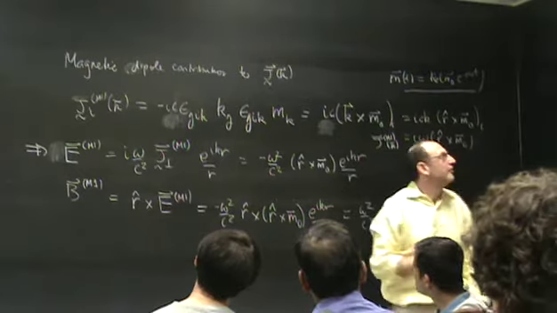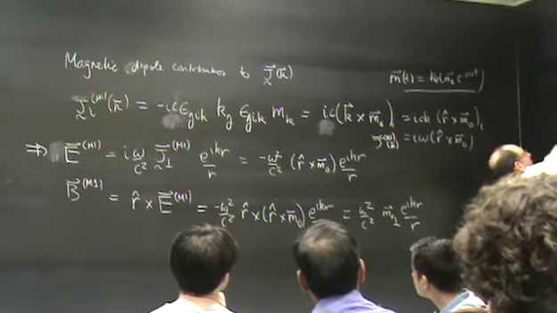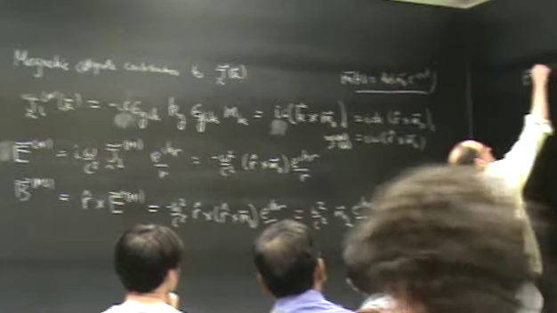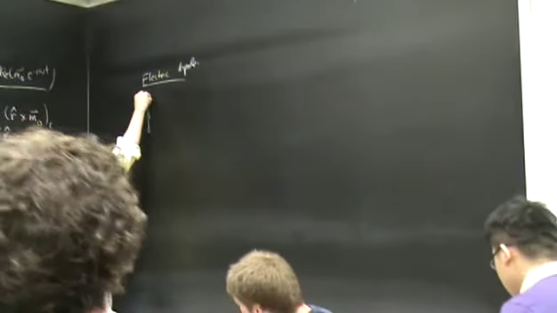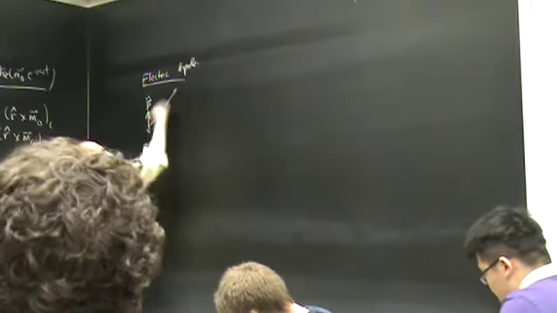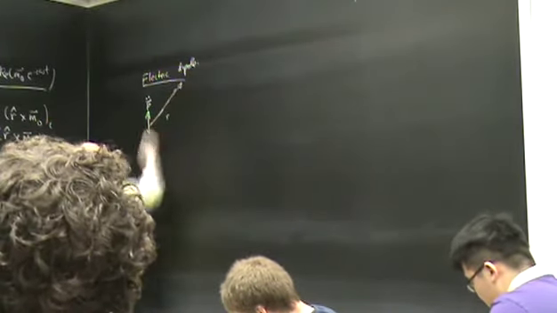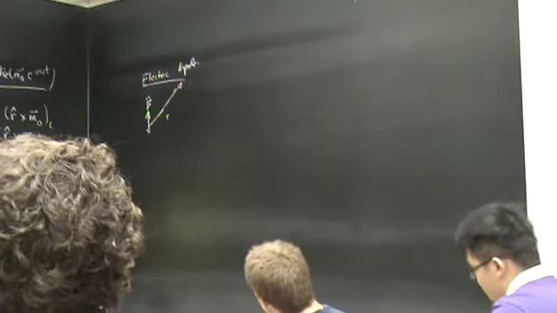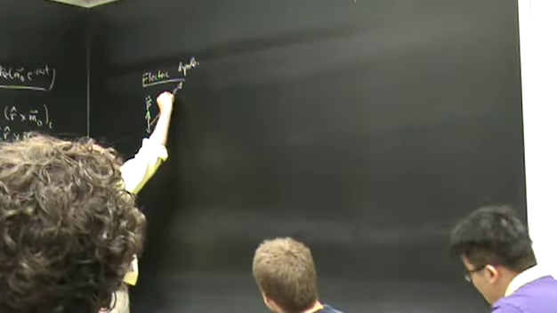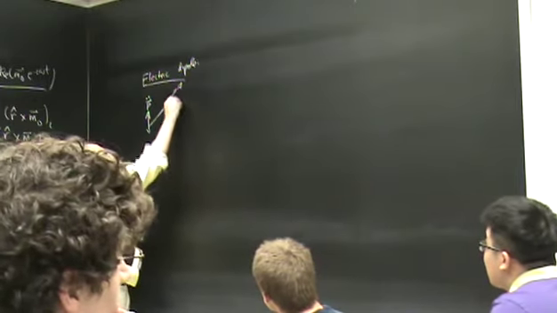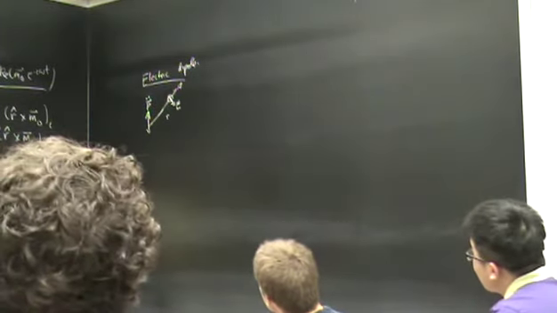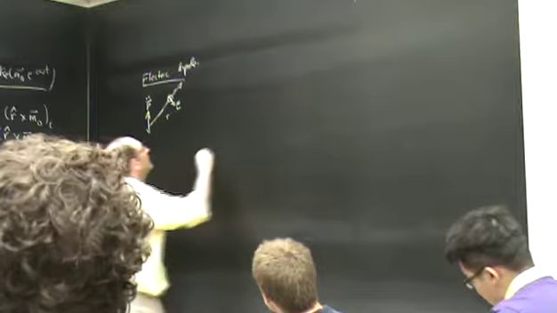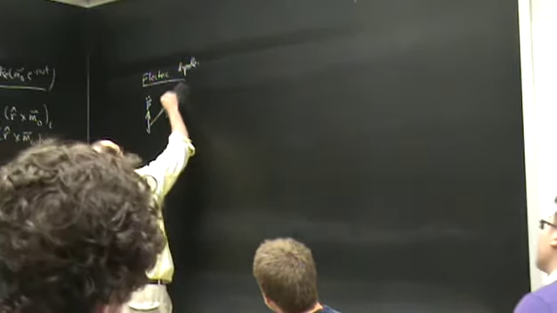So let's review what I'm trying to say here. For electric dipole, if we have p double dot in this direction, and we look in the plane, here's r hat, this is the direction of propagation away, then what we have is that the electric field was like this, and the magnetic field was into the board, E cross B. Okay, so let me draw that more cleanly.